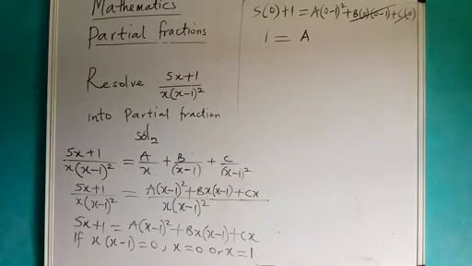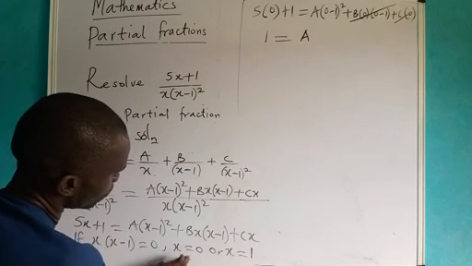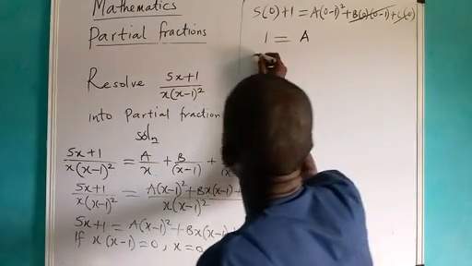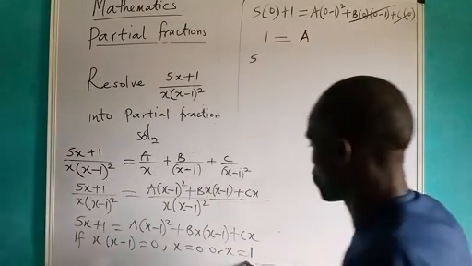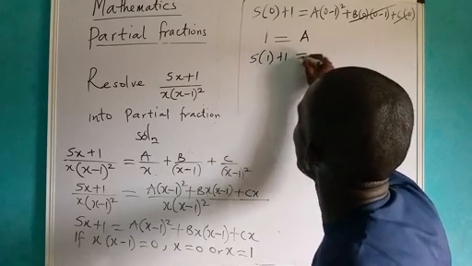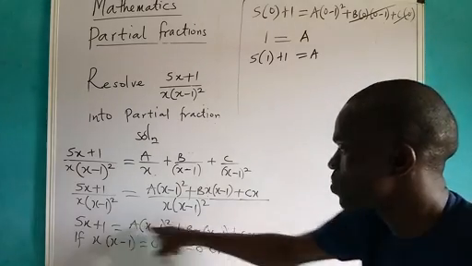Now since I've used this one, let me also use this one. Let me see what I can have. If I use s equals 1, I become 1, and also 1 equal a. I want to substitute into this place here.